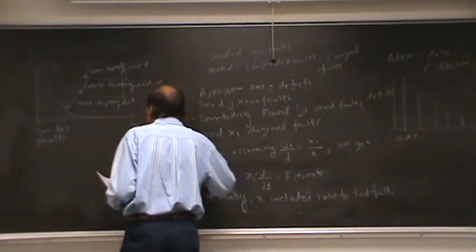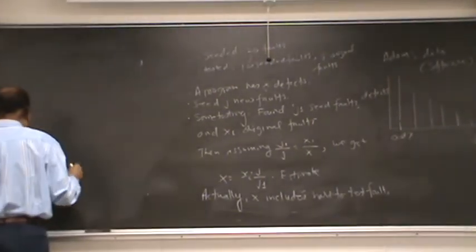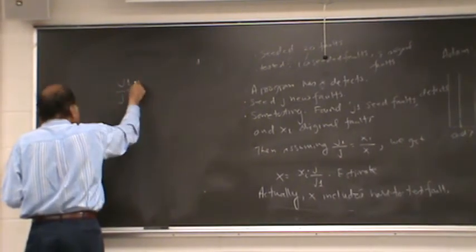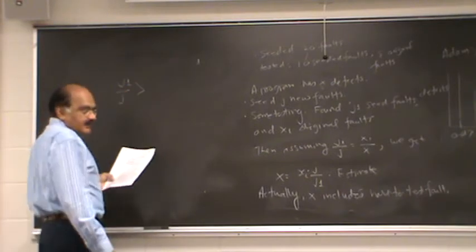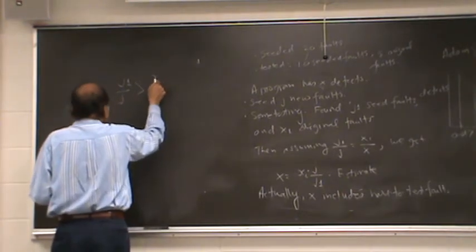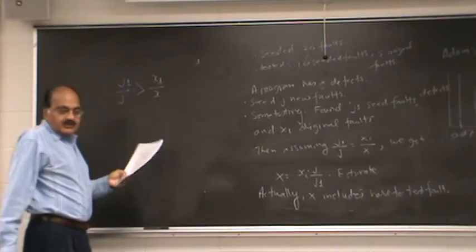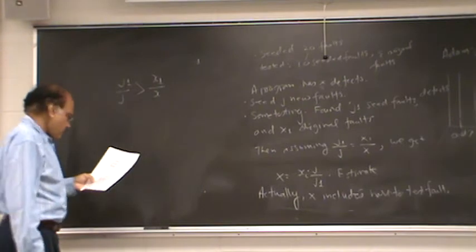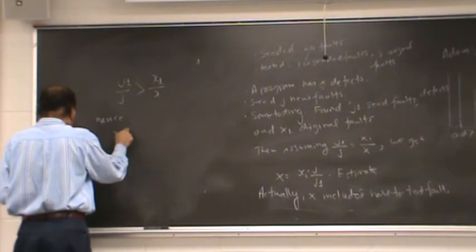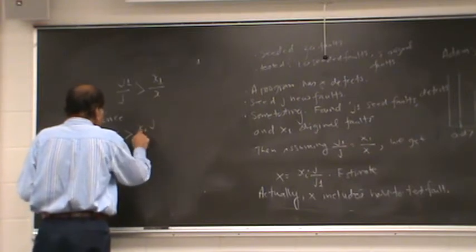And thus, in a typical situation, the likely thing is that these faults are easier to test, and hence you are going to find a greater portion of the seeded faults rather than the portion of the original faults. So this is the likely situation. Hence, X is likely to be greater than the estimate.